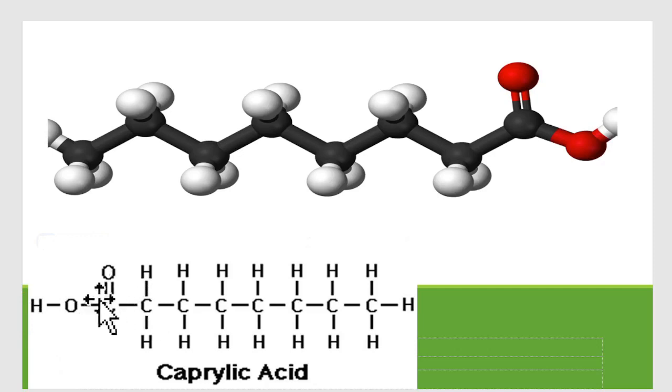So 1, 2, 3, 4. In the last methyl group, 3 bonds are to hydrogens, and another bond is to another carbon. Total 4 bonds. In the chain also you can see each carbon has 2 single bonds with 2 hydrogens, and another 2 single bonds with 2 other carbons. So like that, these saturated fatty acids don't have any double bond at all.